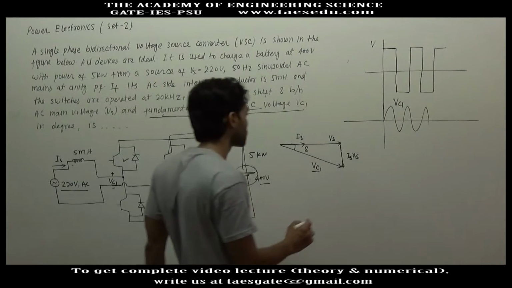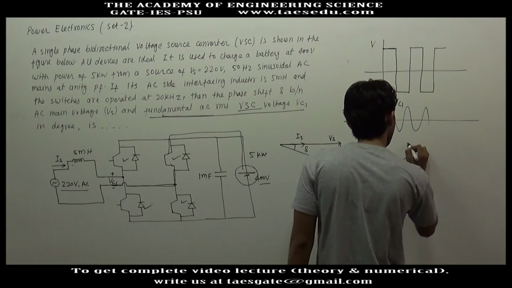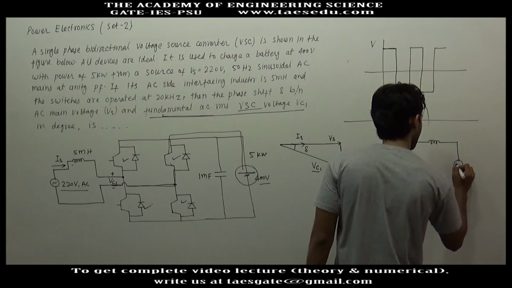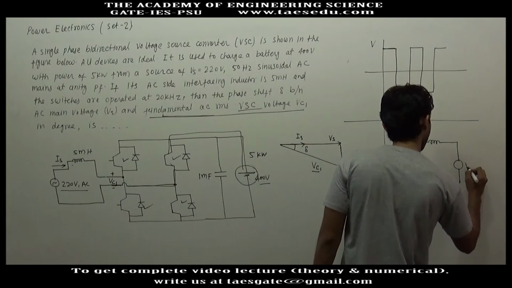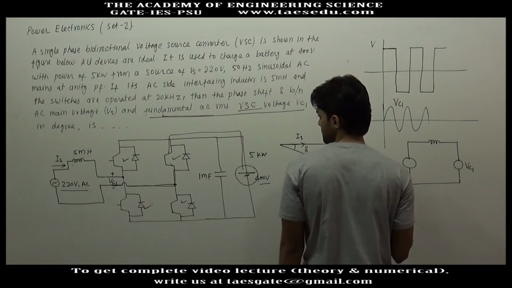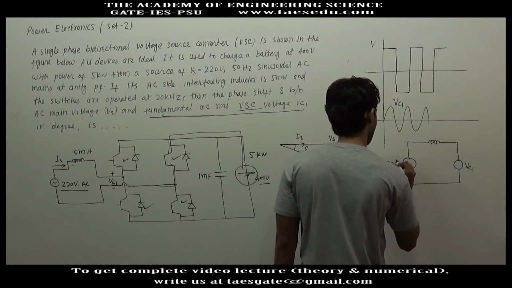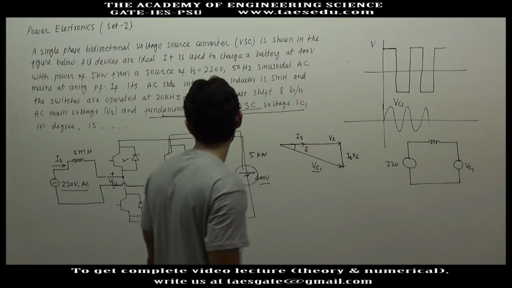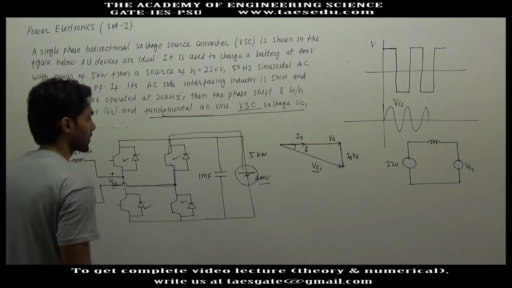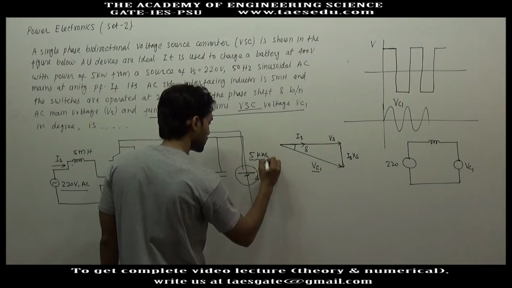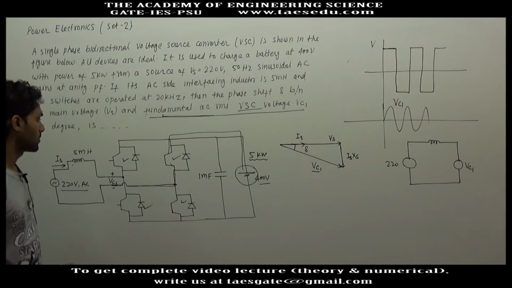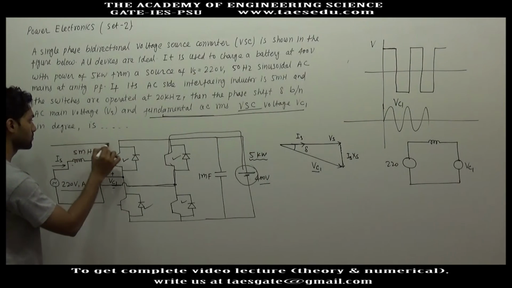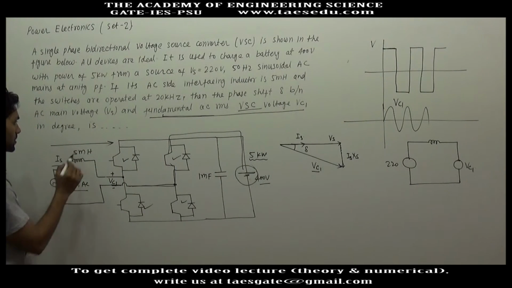So we have a 220 volt AC source, an inductor, and here we have a Vc1. Now this battery takes 5 kilowatt, so 5 kilowatt will flow from this AC source.